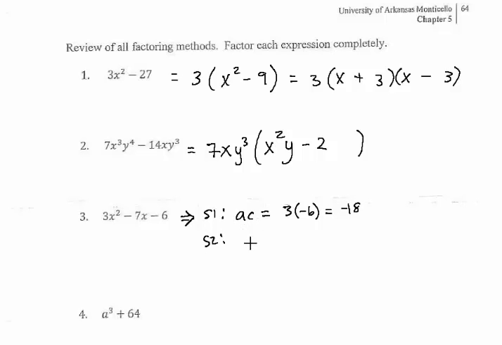Step 2, factor negative 18. 1, 18, 2, 9, 3, 6. The two numbers are going to have opposite signs because 18 is negative, and that sign of the larger number needs to be negative because the b is negative. We add these. We get negative 17, negative 7, and this matches our b.